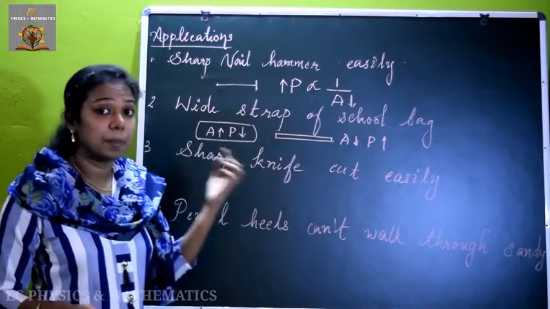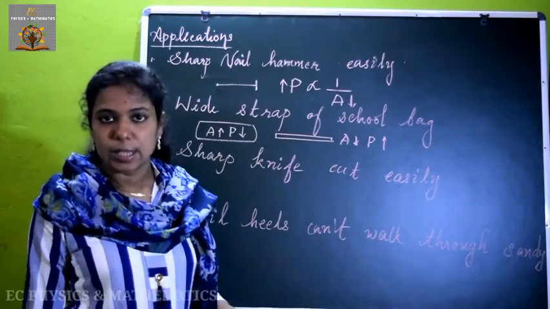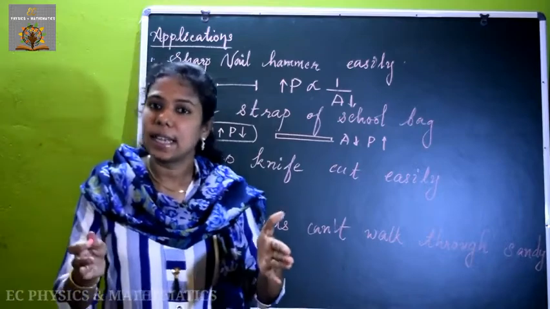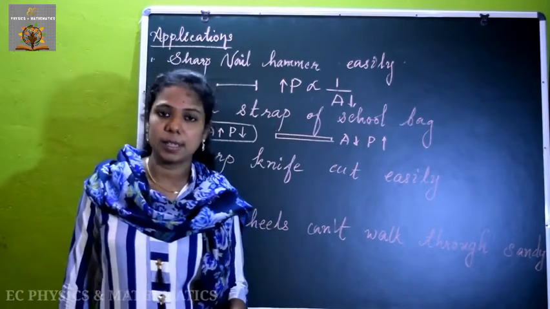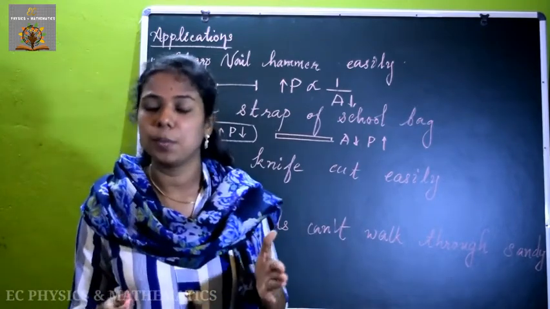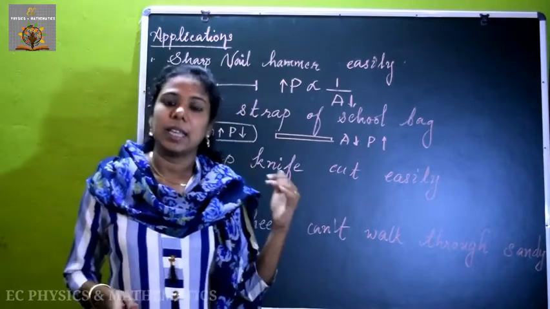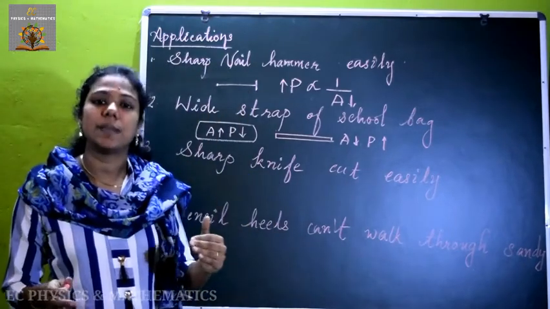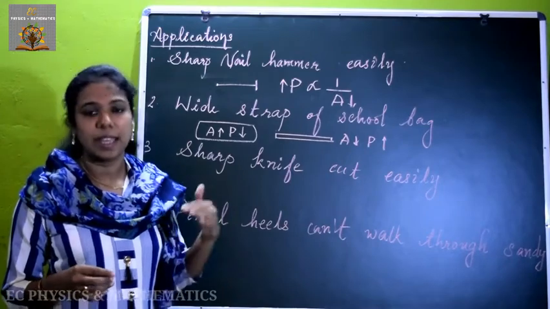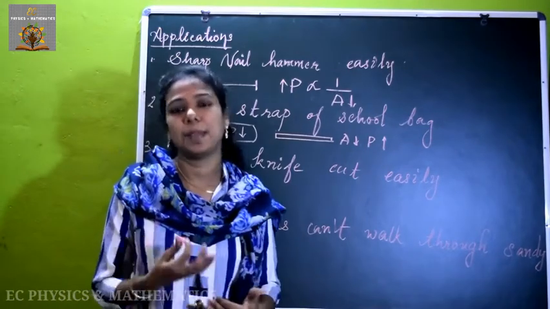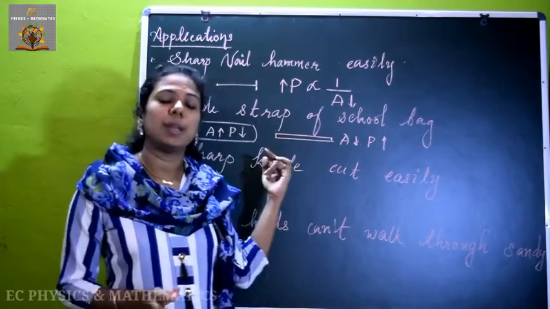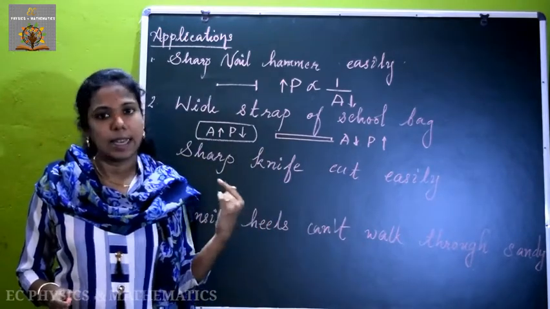The effect of the pressure will decrease. So we are using wide strap school bags. Why? If area increases, pressure will decrease. Area and pressure are inversely proportional. If we use a wide strap, the pressure is less.